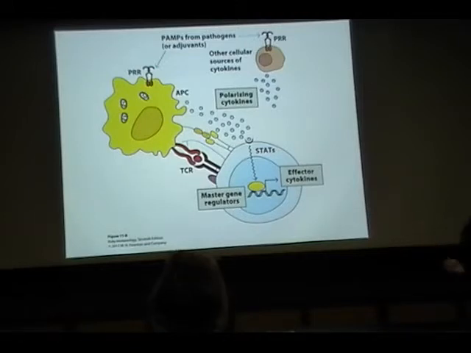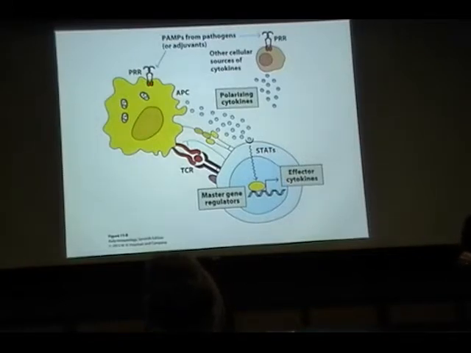They're called polarizing cytokines because the T cell that comes out of this 24-hour conversation is polarized to make this group of cytokines and not this group. So these cytokines from the antigen cell talk the T cell into making this cluster and not this cluster. And therefore the T cell is polarized to push an immune response in this direction and not in that direction. That's why they're called polarizing cytokines.